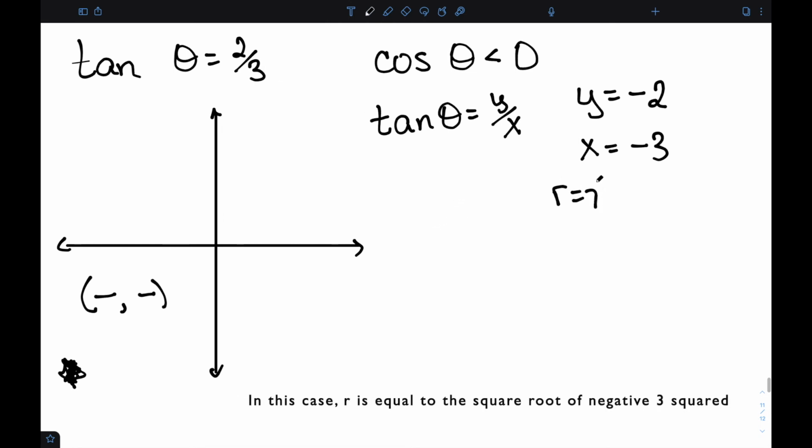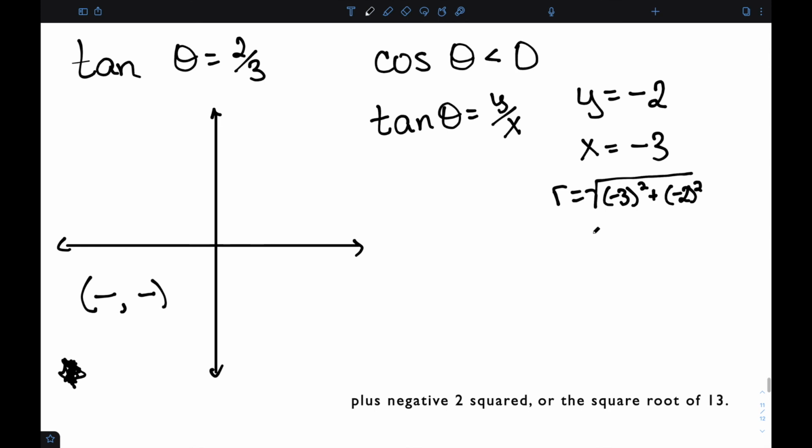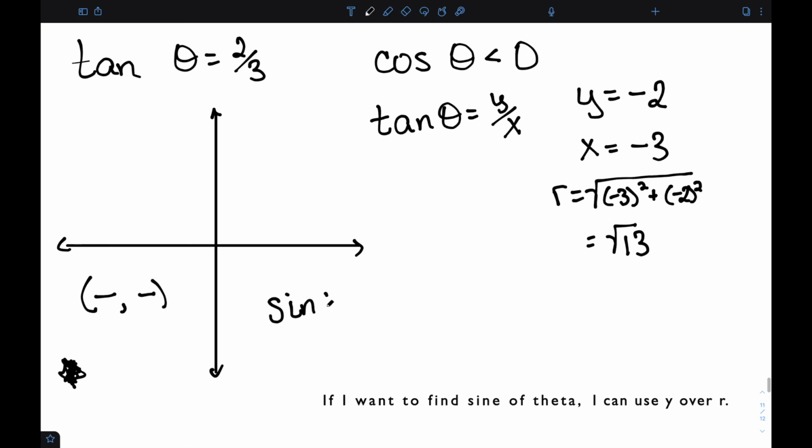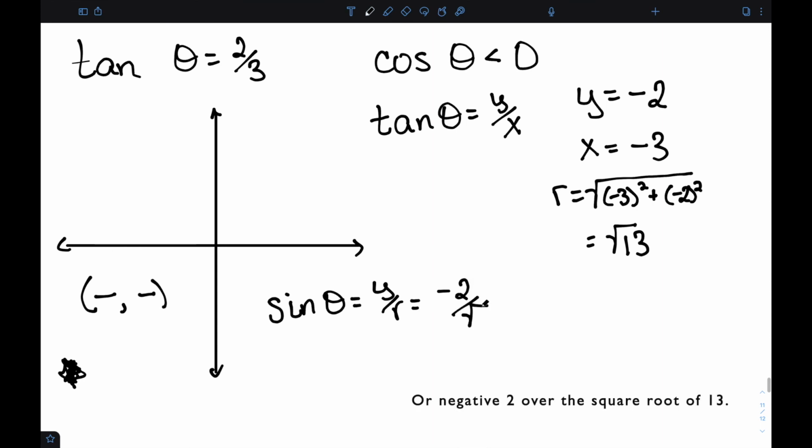In this case, r is equal to the square root of -3 squared plus -2 squared, or the square root of 13. So if I want to find sine of theta, I can use y/r, or -2 over the square root of 13.